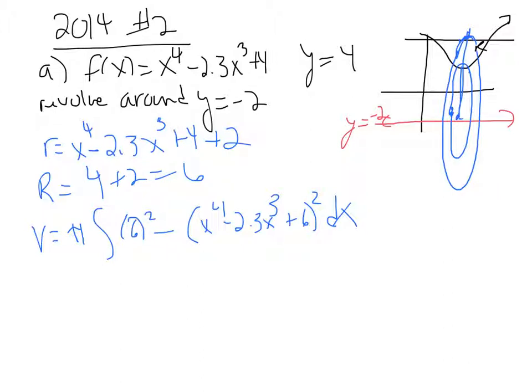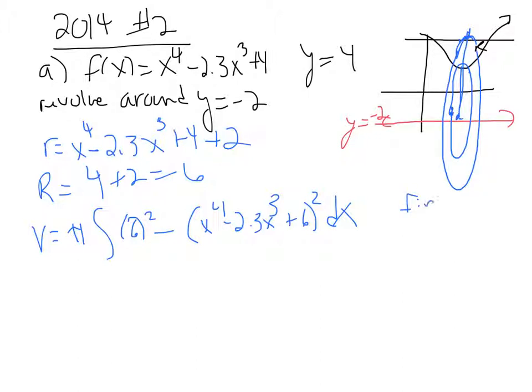Now, the limits of integration go from 0 to this. Now, if you're wondering where this curve intersects y equals 4, you're going to have to find out. So you just plug in 4 for y, or you can just do this on your calculator. In fact, I would do this on your calculator.